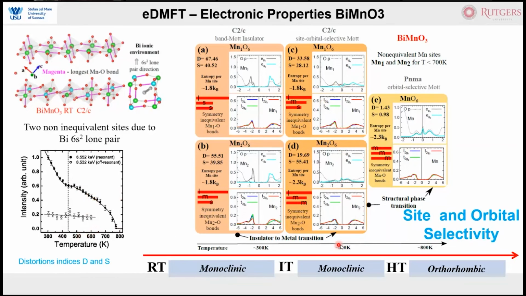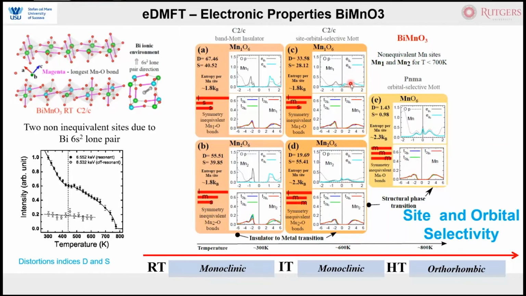If I increase the temperature even further, the EG, which was still insulating, becomes metallic. Now, if this one becomes metallic, this atom and that atom are equivalent. So now, both atoms are equivalent, and I have one type of atom where EG is metallic and T2G is basically insulating.